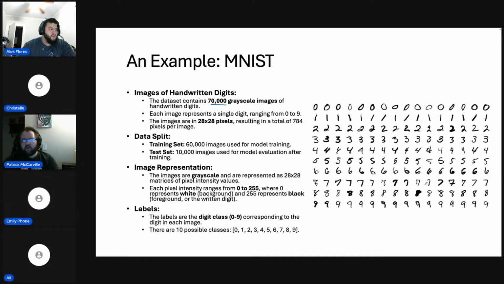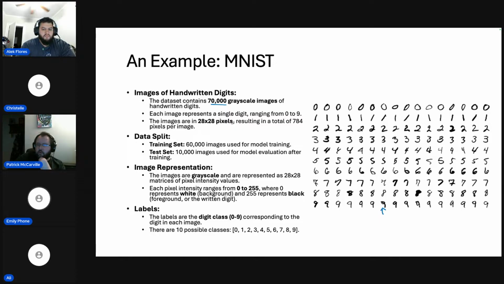I think you and I could look at all of these numbers, and maybe a few of them are confusing. Like this one might be kind of confusing, and there's a couple of them that are hard, but generally we as humans can get almost all of these correct.